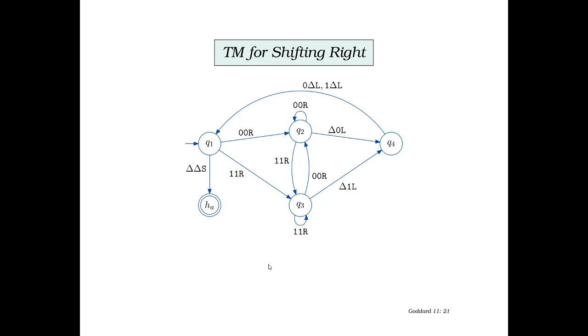If we see a 0, then we let it remain there on the tape and the head moves right and we move to the state Q2. If we encounter a 1, again same, we move to the right, it remains the same, and the state in this case is Q3. This keeps going till we are able to get to the accept state.